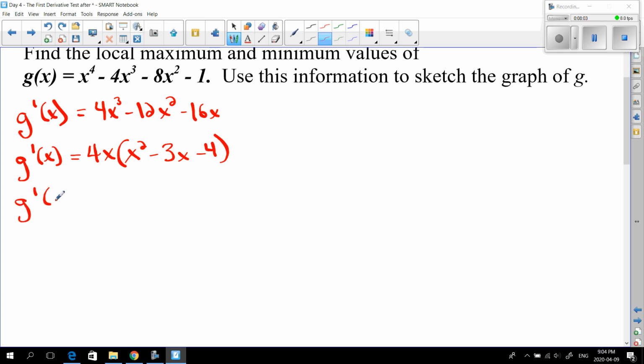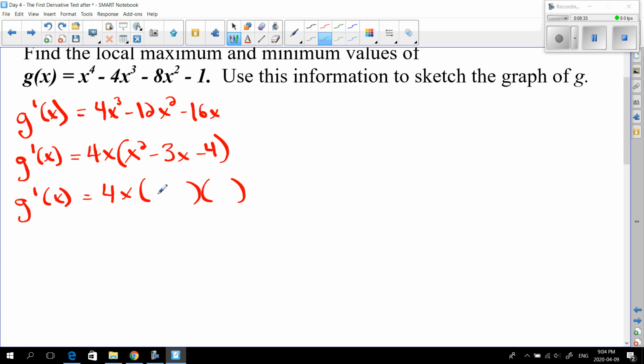From here, inside the brackets, I have a simple trinomial. I am looking for two numbers that add to give negative 3 and multiply to give negative 4. Okay? The only options to multiply to give negative 4 would be a 1 and a 4, and a 2 and a 2. Remember, one of those would have to be a negative. In this case, since they add to give you a negative, the larger of the two factors would be a negative.